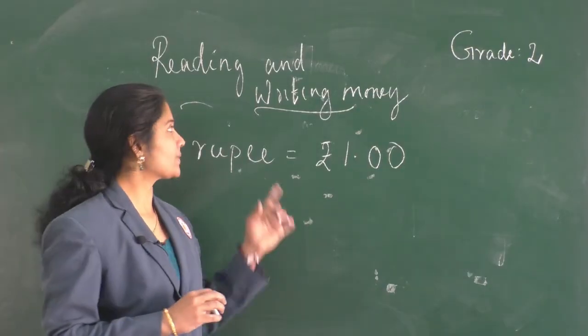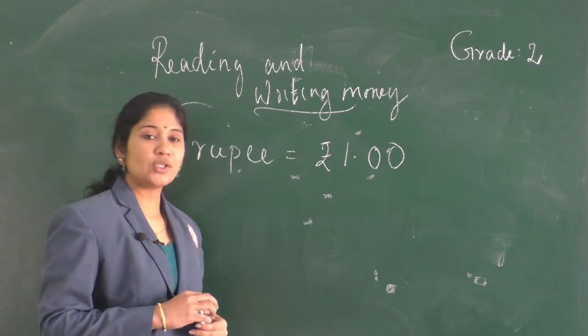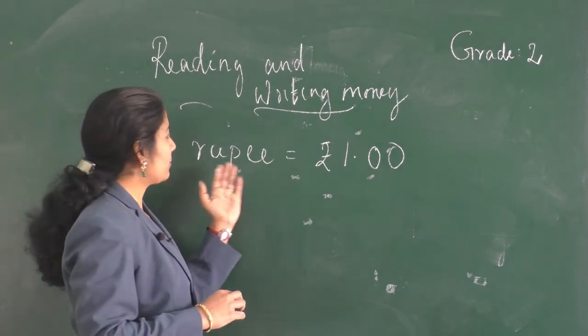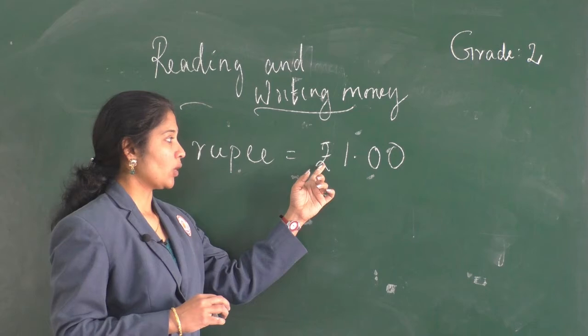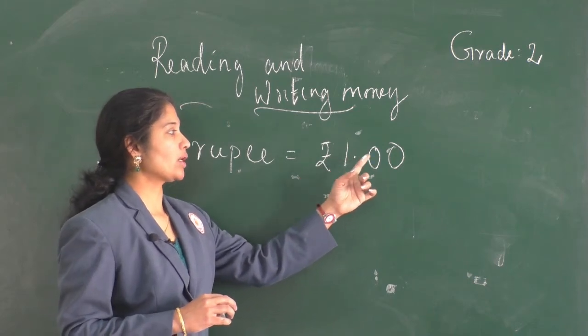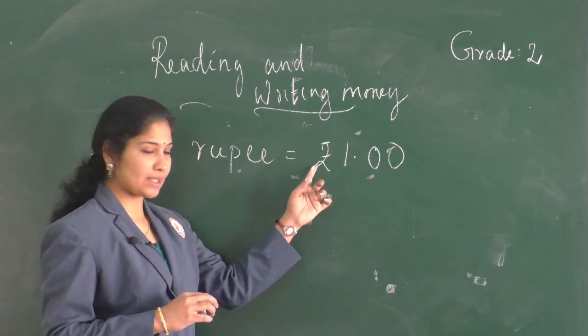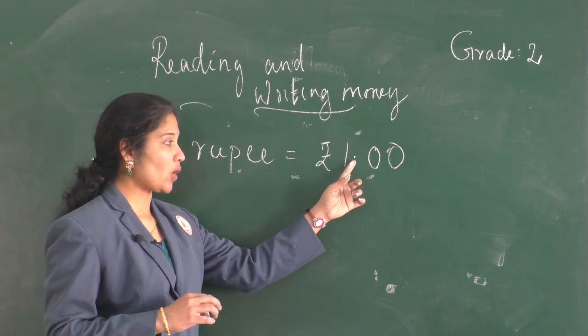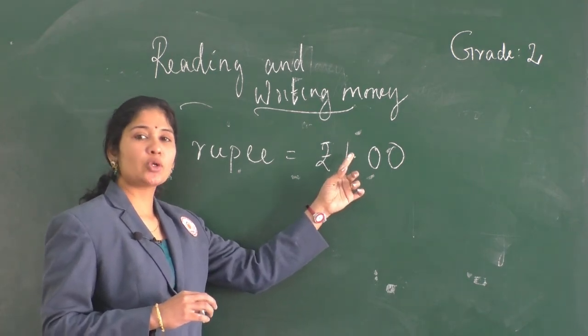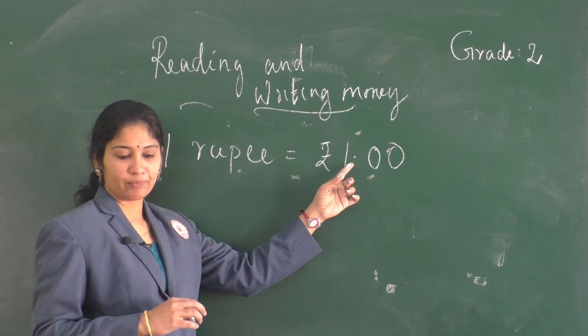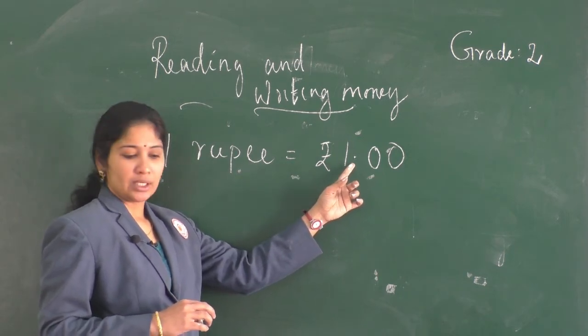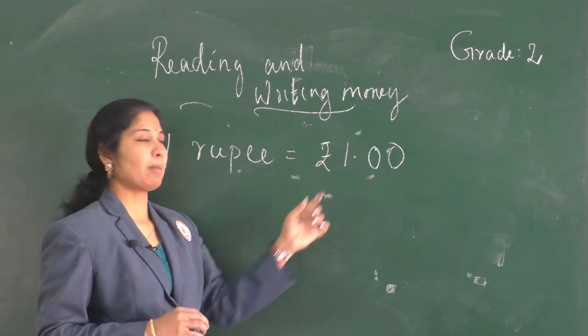Children, our next topic is reading and writing money. 1 rupee is written as rupees 1.00. This is the rupee symbol and this dot helps us to separate rupees from the paise. And when we put the dot, we do not write paise.